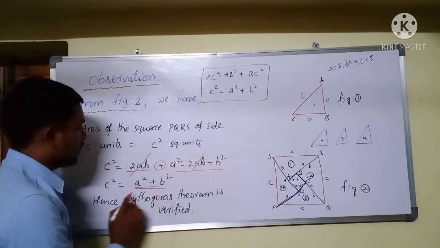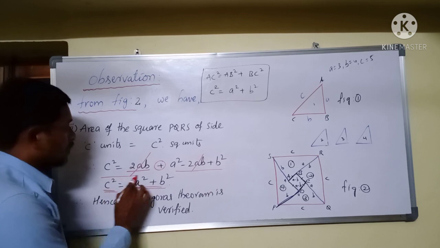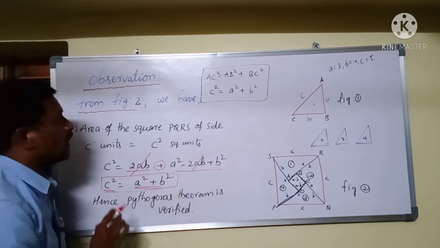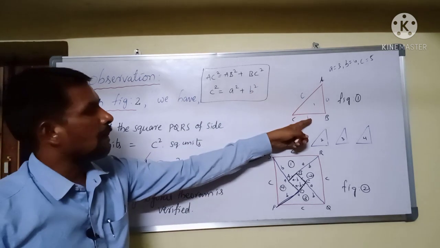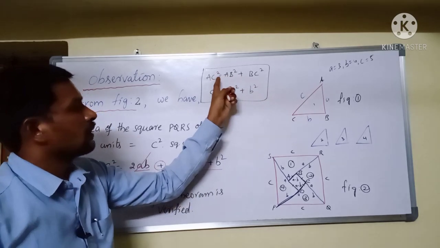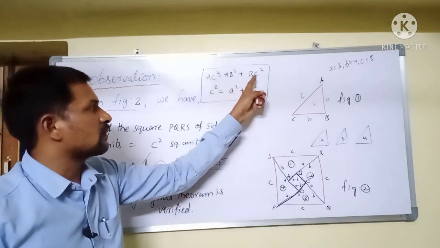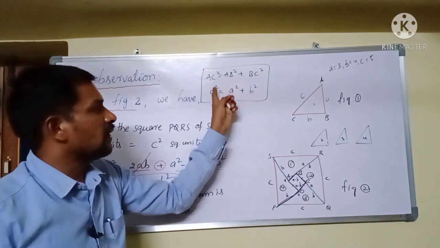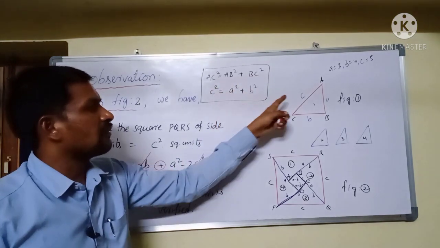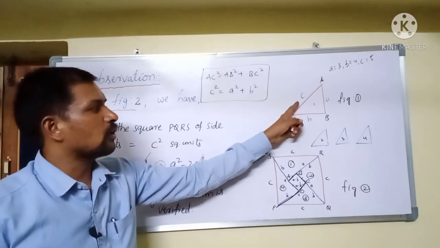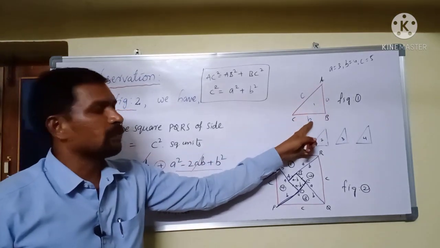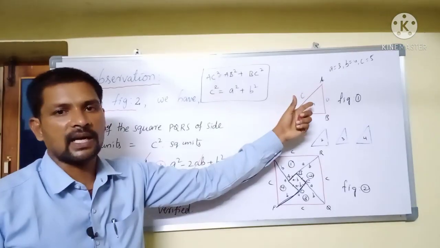Generally, by using the Pythagoras theorem, AC square is equal to AB square plus BC square. So simply you can write it as the lengths of the sides: C square is equal to A square plus B square. This is the general Pythagoras theorem.